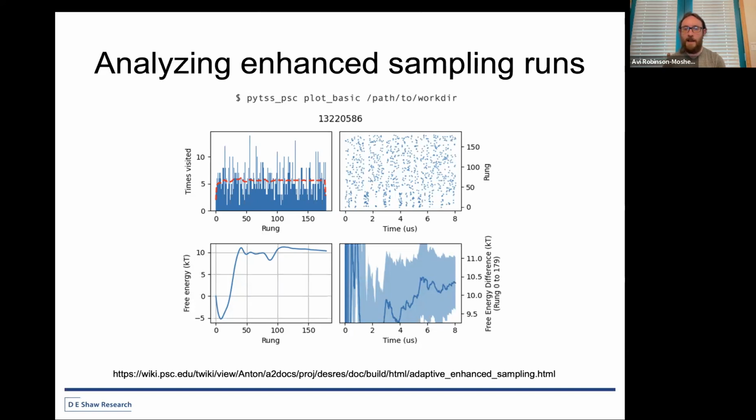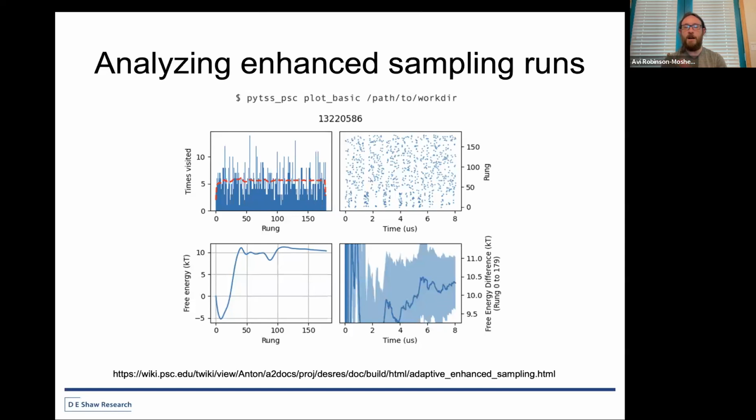The plot in the top left is a histogram of the amount of time the simulation is spending at each of the different Hamiltonians, which we refer to as rungs in the context of TSS. So rung 0, in the tempered binding example, is the natural rung, and then rung 175 here would be the least interacting one.